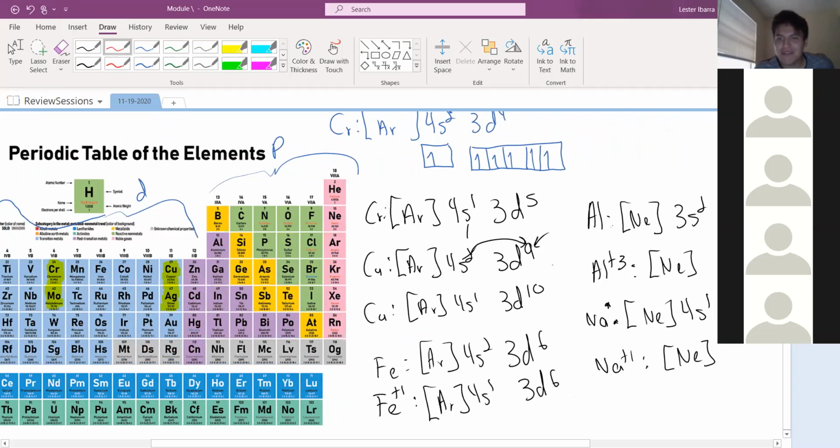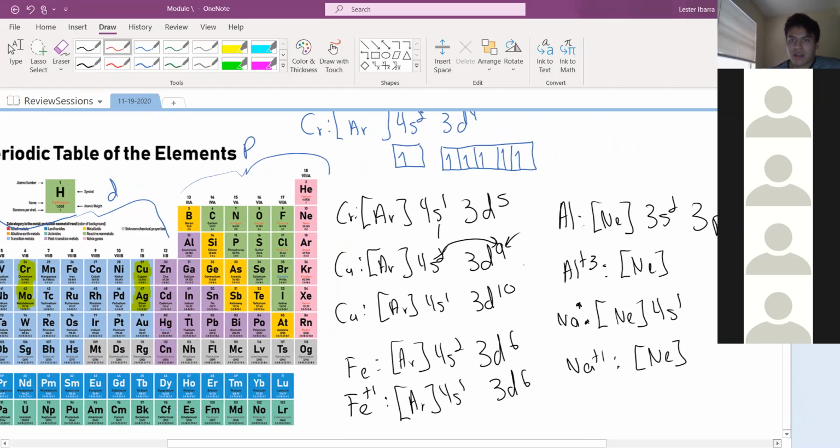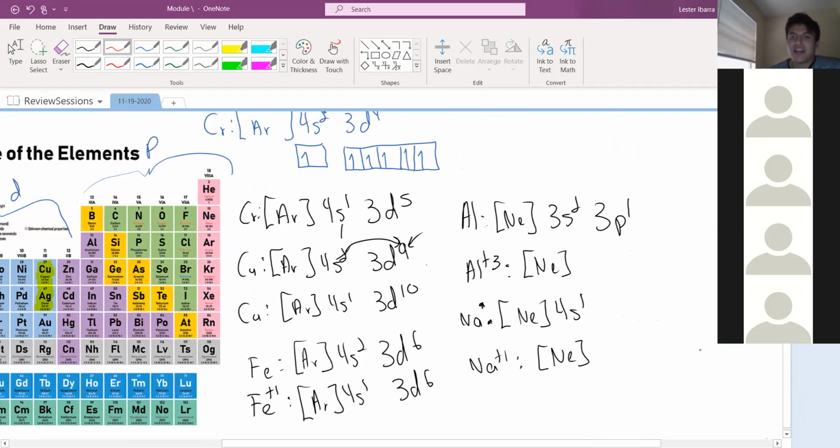If we look at aluminum plus 3 and sodium plus 1, they both have the neon electron configuration. So what can you tell me about the number of electrons between aluminum plus 3 and sodium plus 1? They have the same number of electrons.